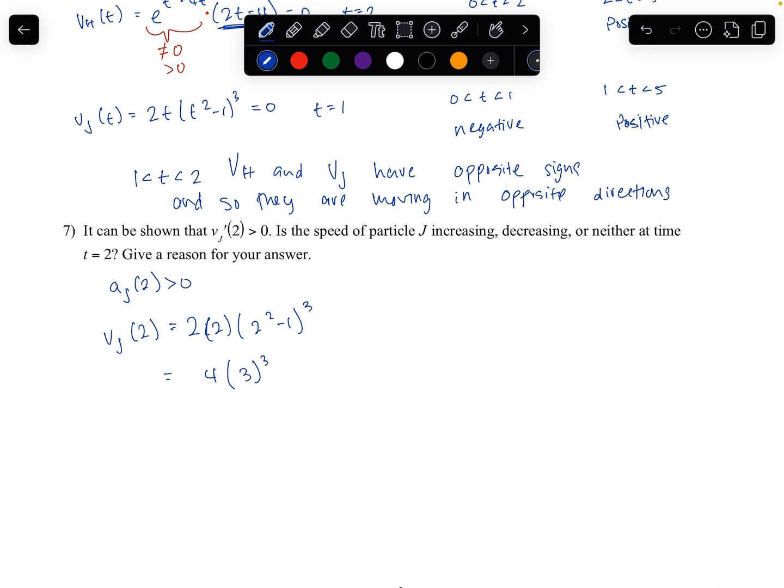That's definitely going to be positive. So I'm just going to say positive. I don't really care what it is. Honestly, you can tell that's going to be positive. And so because the acceleration at 2 is positive and the velocity at 2 is positive, the speed of the particle is increasing, so speed is increasing.